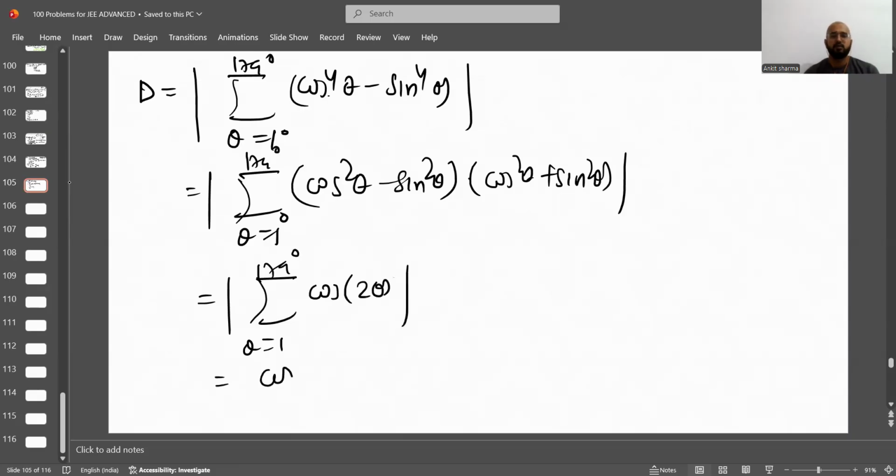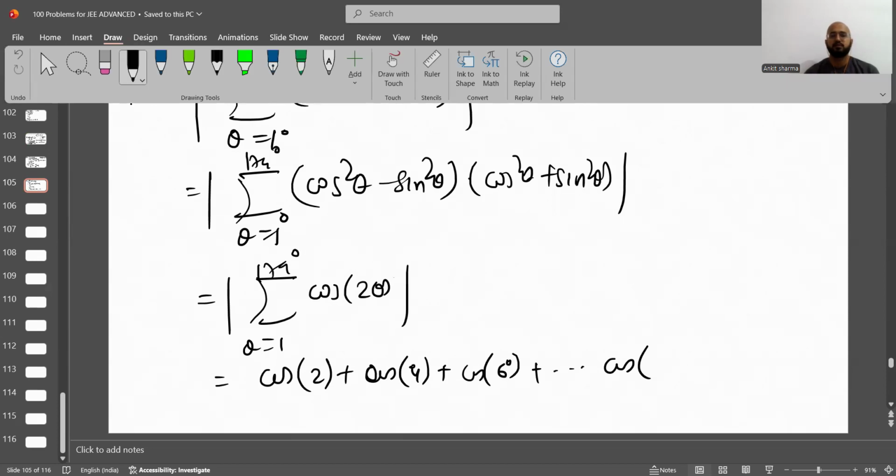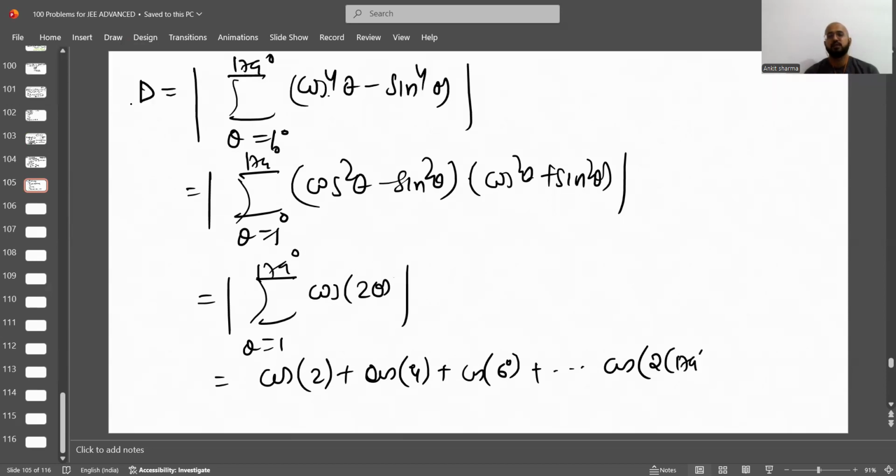So this is cos of 2 plus cos of 4 plus cos of 6 degree, and so on up to cos of 2 times 179 degree.